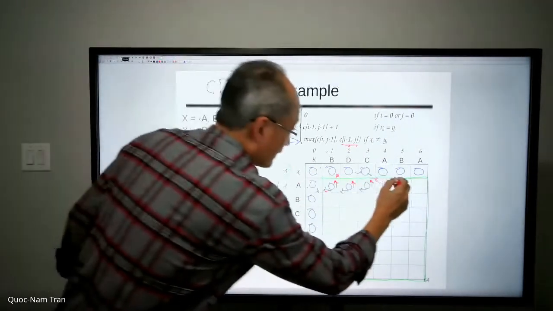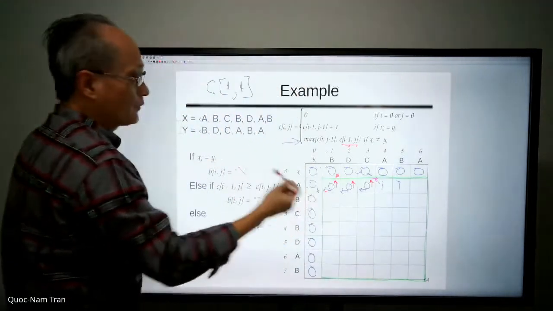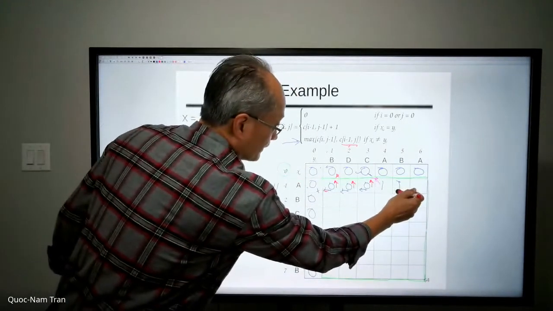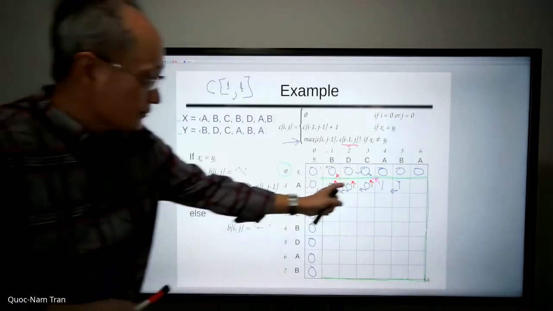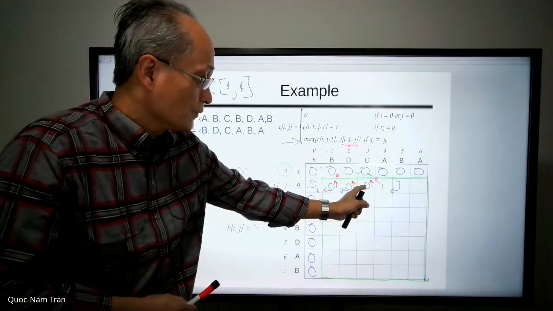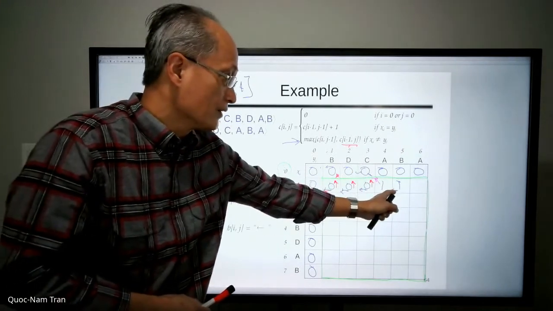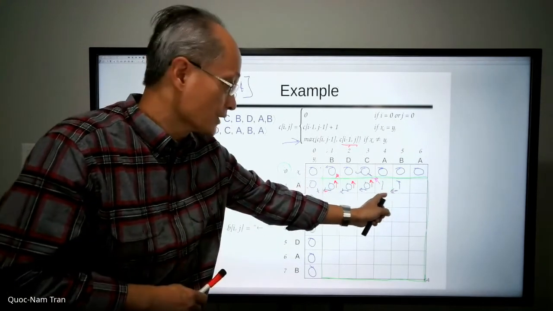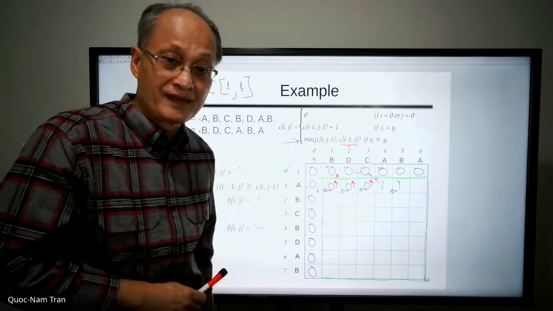So here we have 1, and the value will come from the left. Unlike the previous one, where we could have it from the upper or the left, this one you only have from the left because the left one has the biggest value, right?